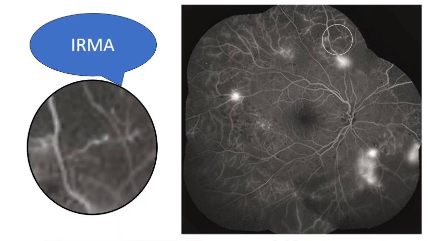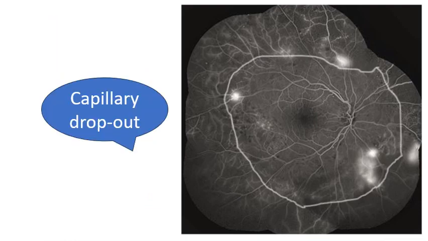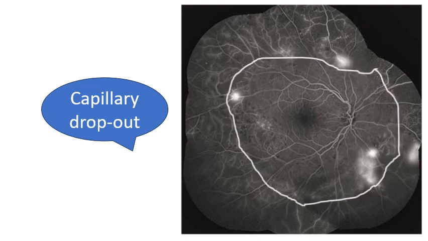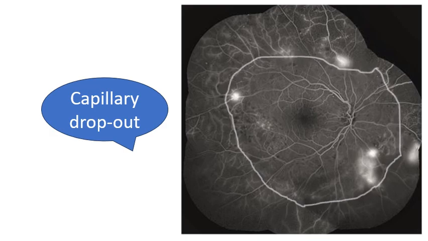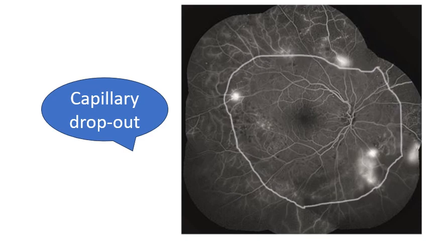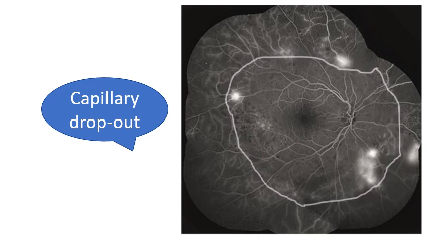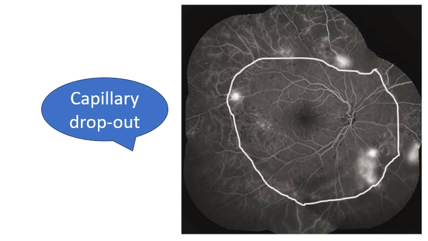There is an IRMA in the circle, which in the magnified view presents as an abnormal blood vessel connecting a retinal arteriole and venule, and it doesn't leak. The area peripheral to the pulsating shape represents an area of capillary dropout, which is a feature of diabetic retinopathy. As things get worse, there will be progressive obliteration of the capillary bed of the peripheral retina.